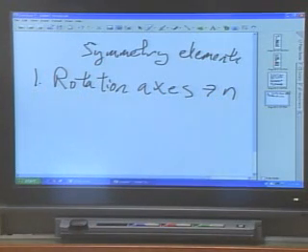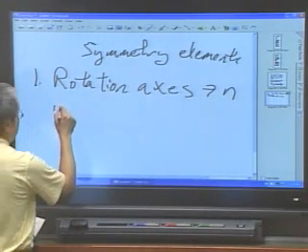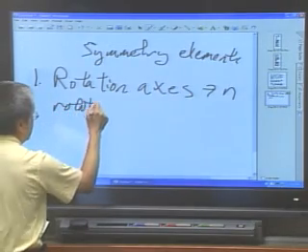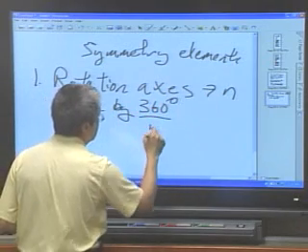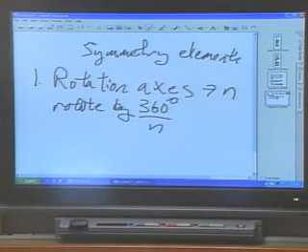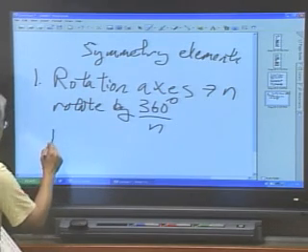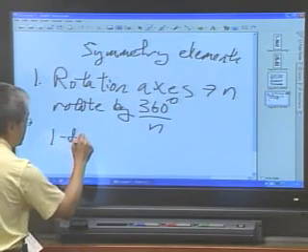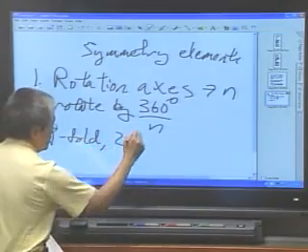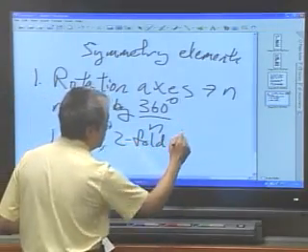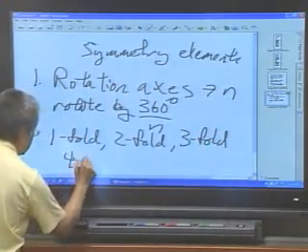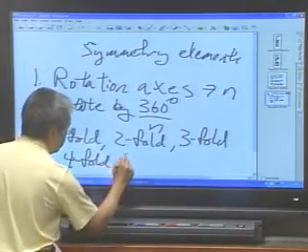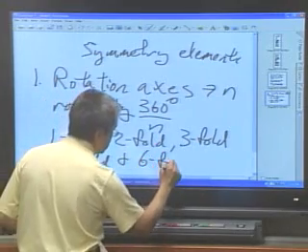And what a rotation axis is, as the name implies, you rotate by 360 degrees divided by n. So you have 5 different rotation axes: a one-fold rotation axis, a two-fold, a three-fold, four-fold, and a six-fold.